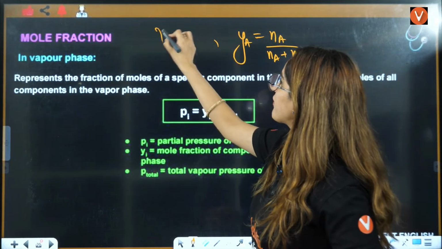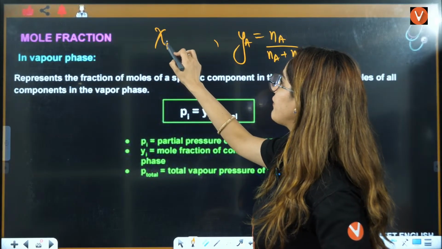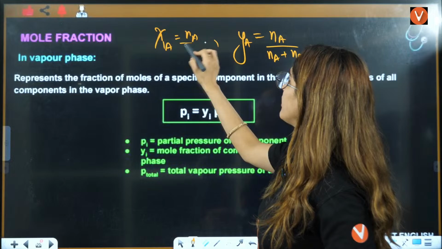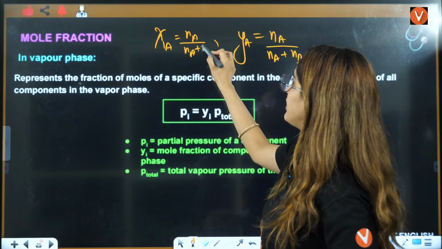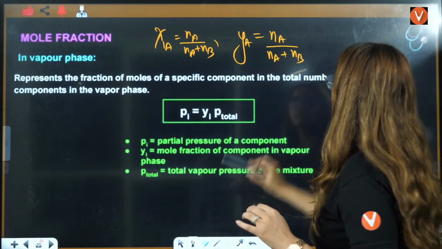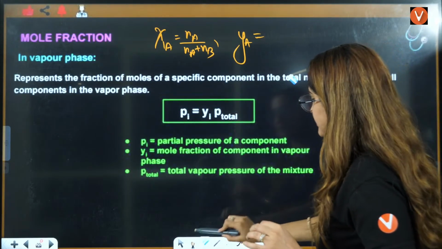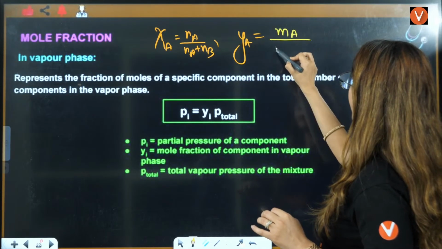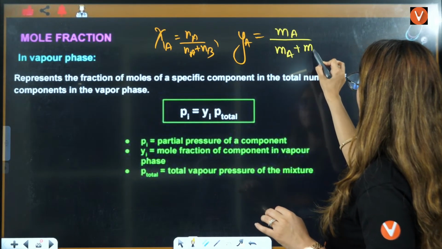But ma'am, mole fraction in the liquid phase is also the same. This is also Na by Na plus Nb. Right? Now, I'll just erase this, not as Na. Instead, I'll write it as Ma. Let's write it as Ma by Ma plus Mb.